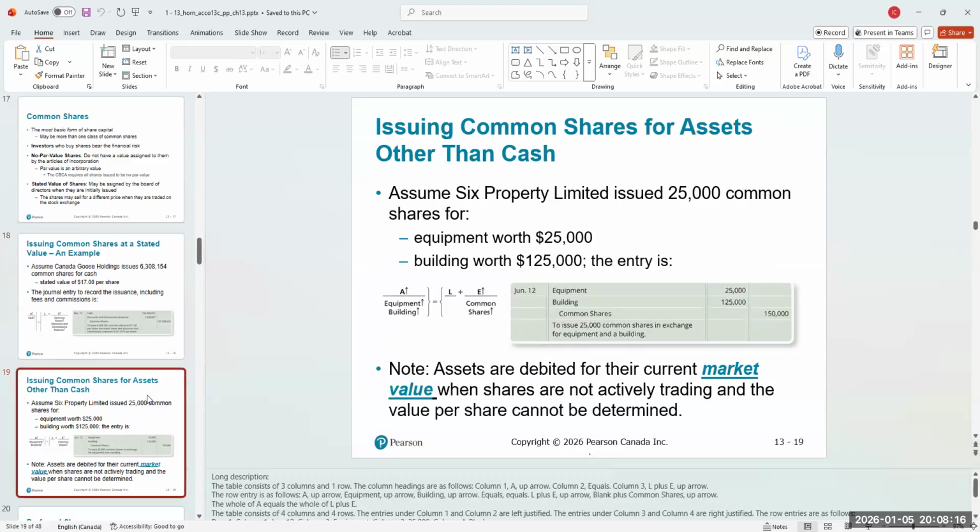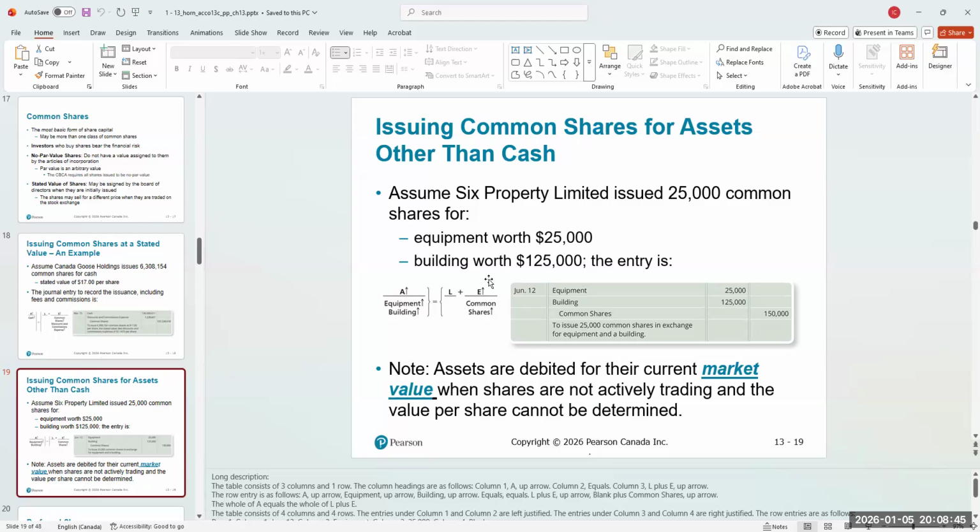This is if we issue shares for cash. Can we issue shares and not get cash? Absolutely. Then what can we get? We can get other assets. It doesn't have to be cash. We can get equipment, or we can get a building. Who determines the value of the equipment and the building that we get? Yes, we can come up with equipment worth 25,000.